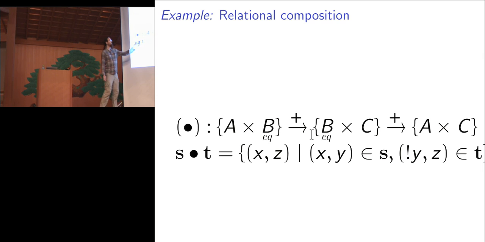So you can think of this as two nested loops, one over S, one over T, where it puts a guard saying that y must be equal to that y. Otherwise, don't generate any element for this. And if you're sharp-eyed, you'll see a little subscript, eq, which says we must be able to check the type B for equality. We must be able to ask, are two B's equal?